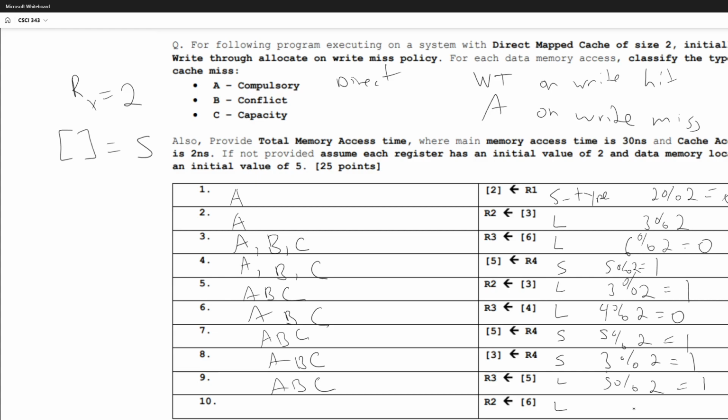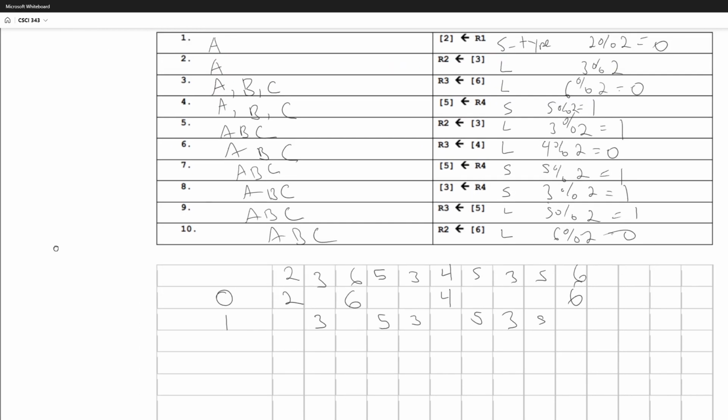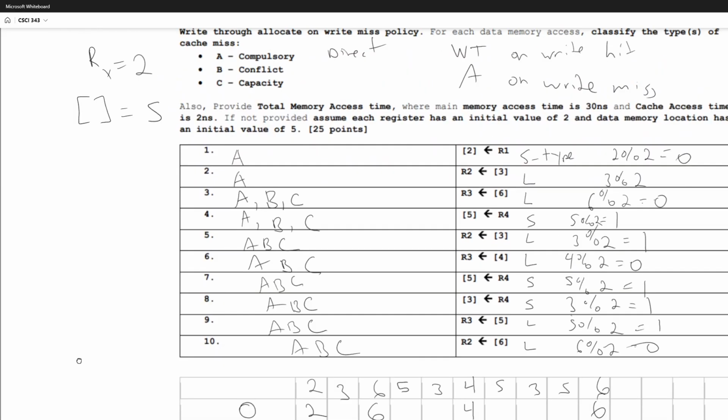Everything. 6 mod 2 equal to 0. This better be the right answer. We missed every single time, it looks like.